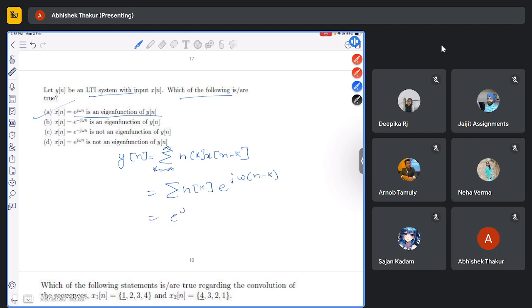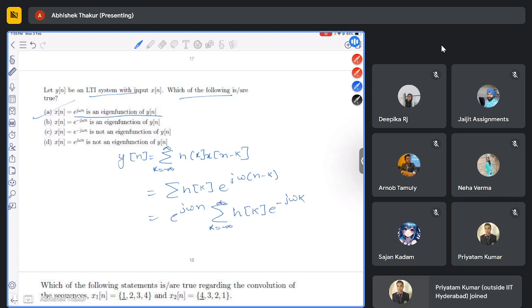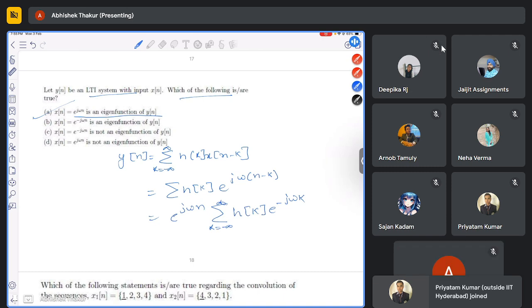So e to the power of j omega n will come outside, h(k) e to the power of minus j omega k. Here we can see it is just the multiplication. Output is just the multiplication of x(n). So it is an eigenfunction. Similarly, option B is also correct. You can verify it.